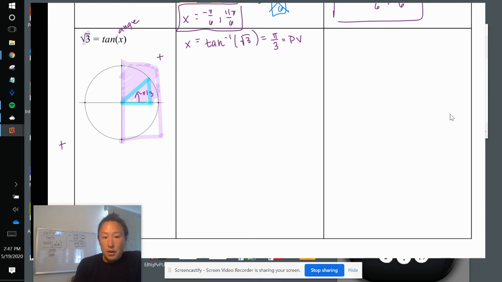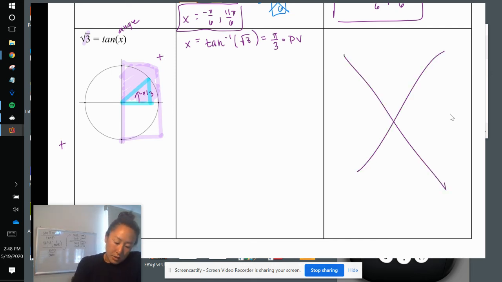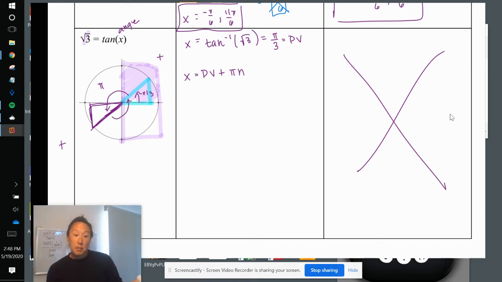So how do I get my coterminal angles? Well, we love tangent because tangent only needs one equation to be able to solve for its secondary angle. So what we do is we just write the principal value plus pi n. Basically, if I add pi, I end up with my secondary angle. And then getting back to the original angle, you're just going to have to add pi again.